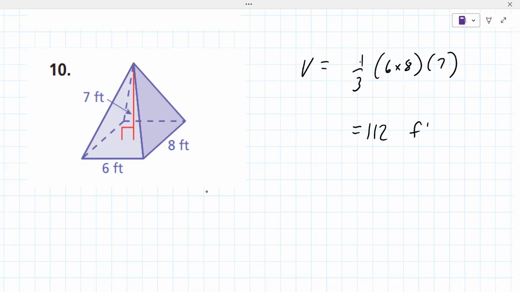Now the units here are feet. Feet cubed. Yeah, but we don't know what they're going to do on the test. We're not 100% sure. So let's have you try a couple from the book here.